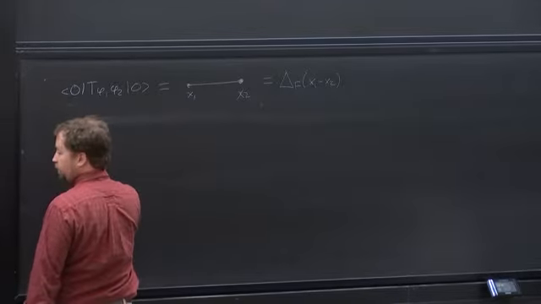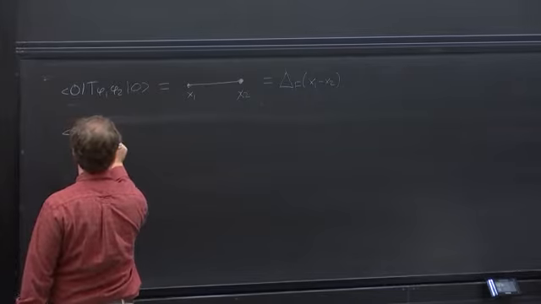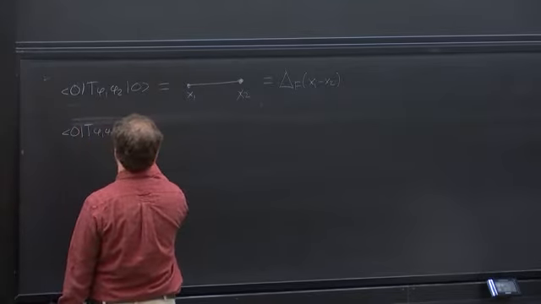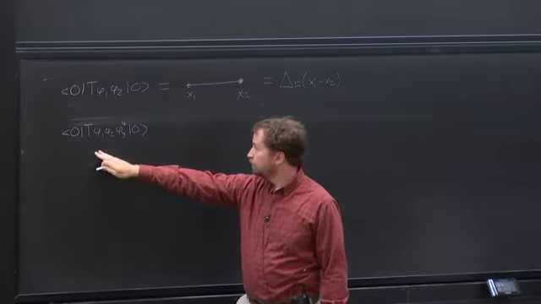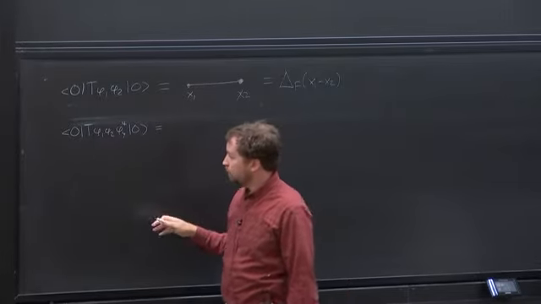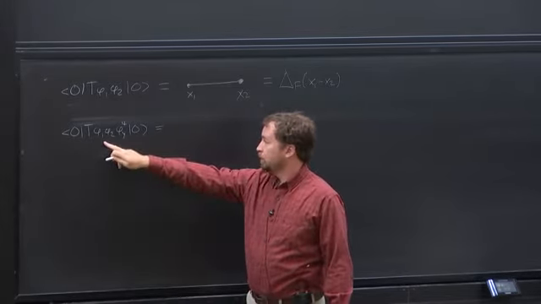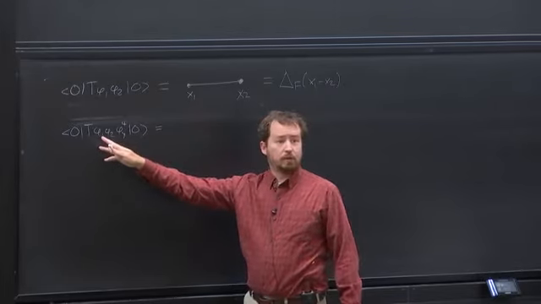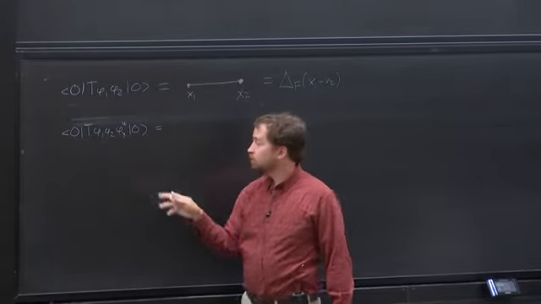So this term, we'll leave out the coefficients for now, we can evaluate using Wick's theorem. So this term is going to be equal to the sum of all completely contracted contractions of these 6 fields.